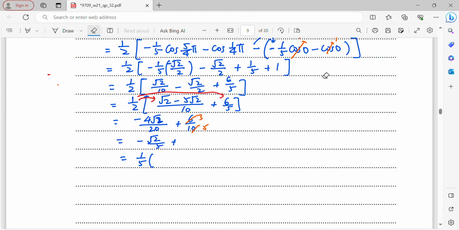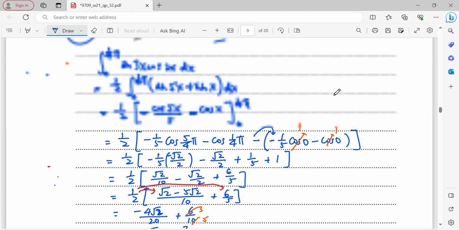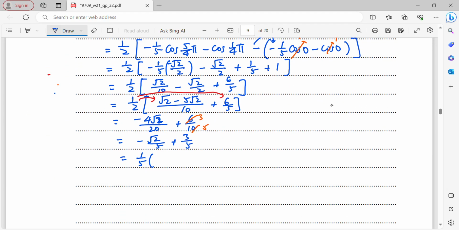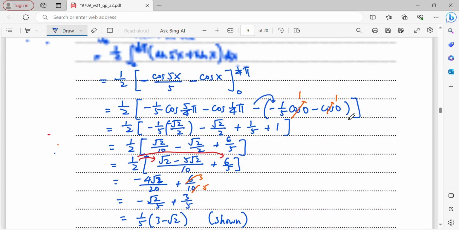Then I will get 3 over 5. Okay, and now when you look at the answer, I need 3 minus square root 2. So I just rewrite the position. It will be 3 minus square root 2. So shown. So this is how we show the integration.